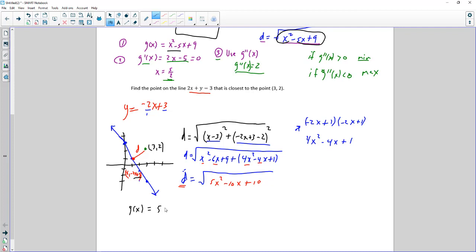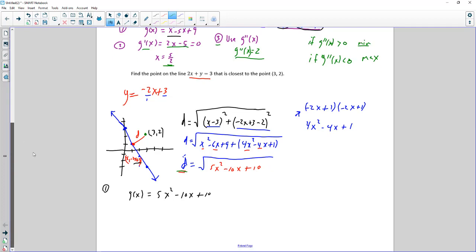And we'll say this is equal to 5x squared minus 10x plus 10. So that's my step one, make a function that you intend to use to optimize. So this represents, if I can make this function as small as possible, or minimize it, in other words, it'll minimize that distance. That's what I'm doing as a trick.